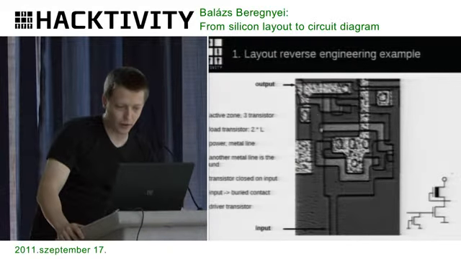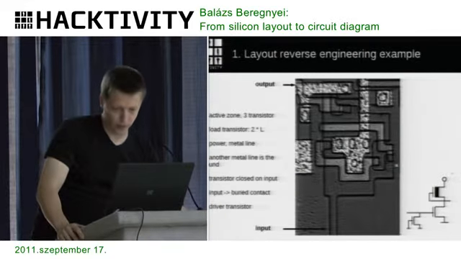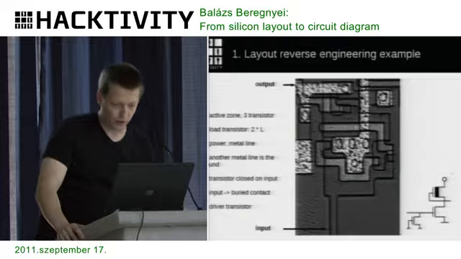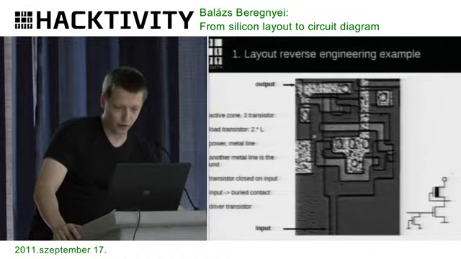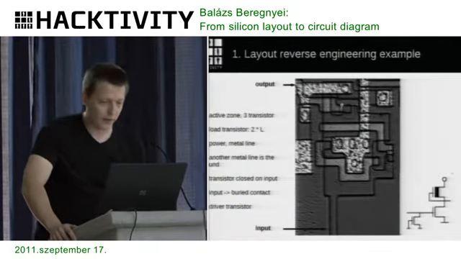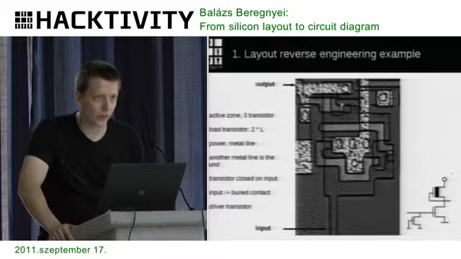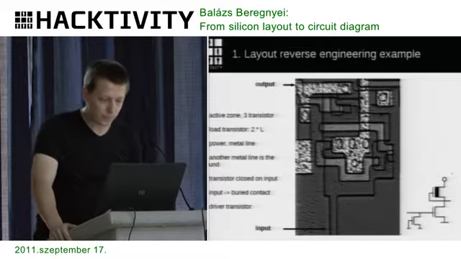And we know that there is an active zone because we can see the gate passing the borderline, so no, this is the active zone. And we see that this is an active zone here. There are three polysilicon bands, 1, 2, 3, meaning that in this layout we have three transistors.